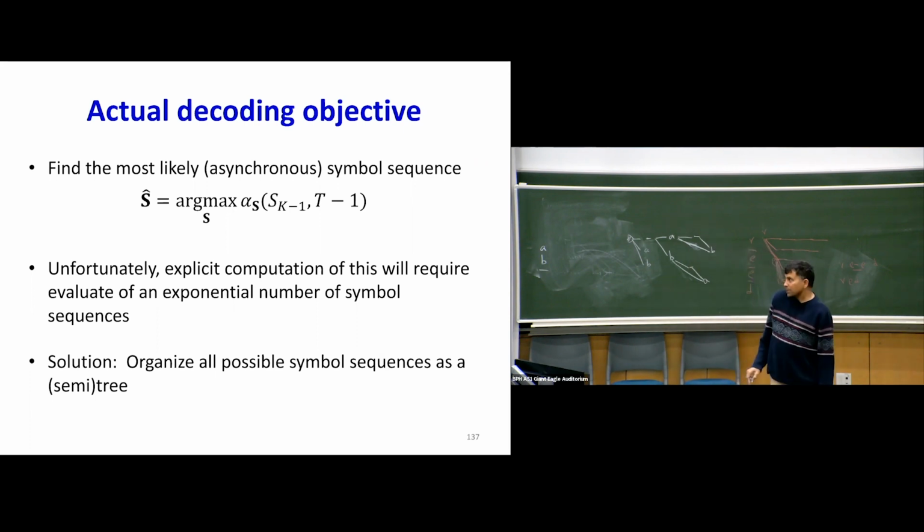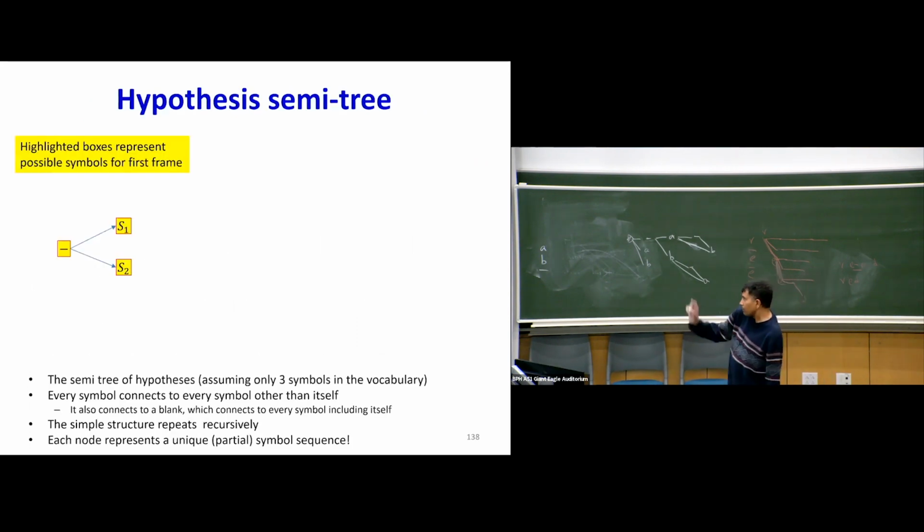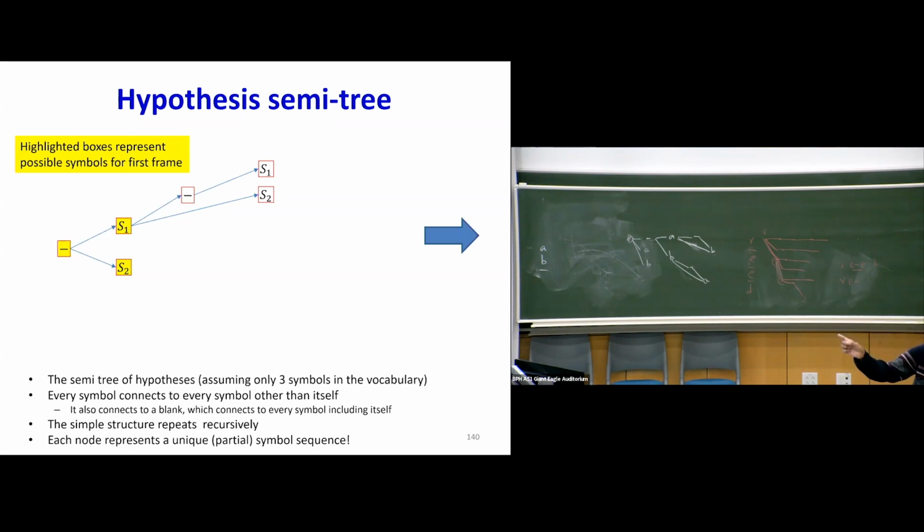So let's just look at the upper portion. A blank can be followed by, if I have two symbols, S1 and S2, either an S1 or an S2, right? S1 can be followed by S2. S1 can be followed by a blank, which can be followed by an S2, right? S1 can be followed by a blank, and then it can be followed by an S1, right?